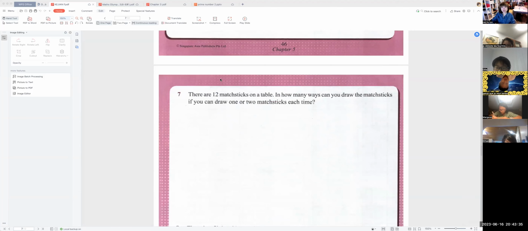There are 12 matchsticks on the table. In how many ways can you draw the matchsticks if you can draw 1 or 2 matchsticks each time?